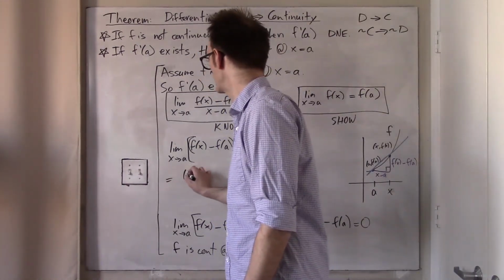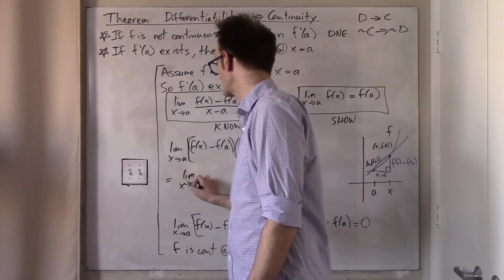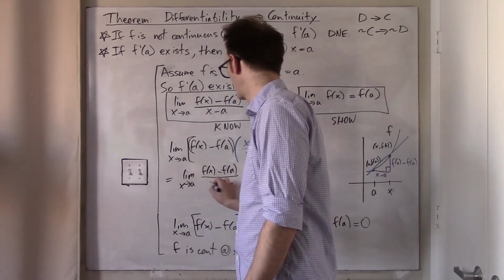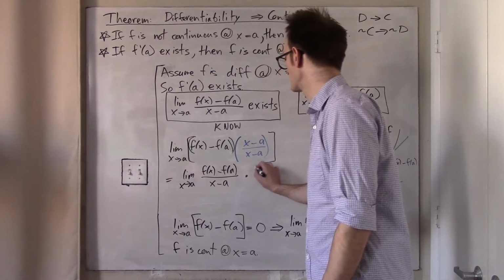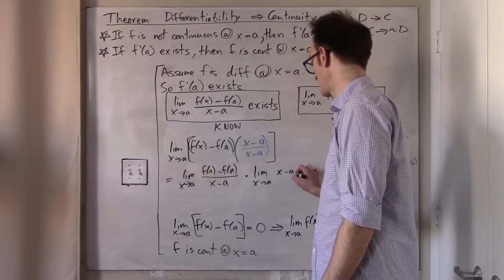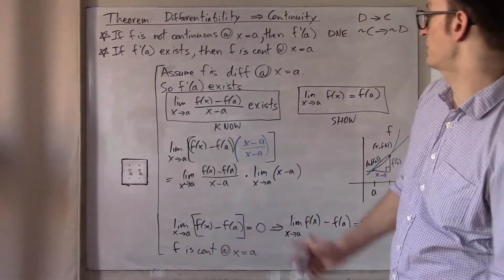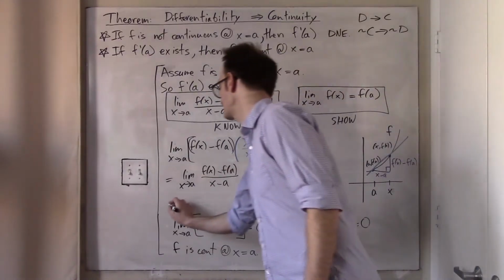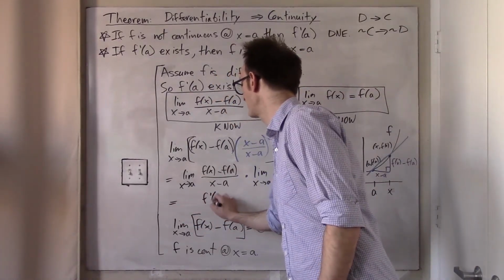Now what does this limit turn into? By limit laws, it turns into the limit as x approaches a of f of x minus f of a over x minus a, times the limit as x approaches a of x minus a. In other words, just split this up into two things. What's this? This is f prime of a.